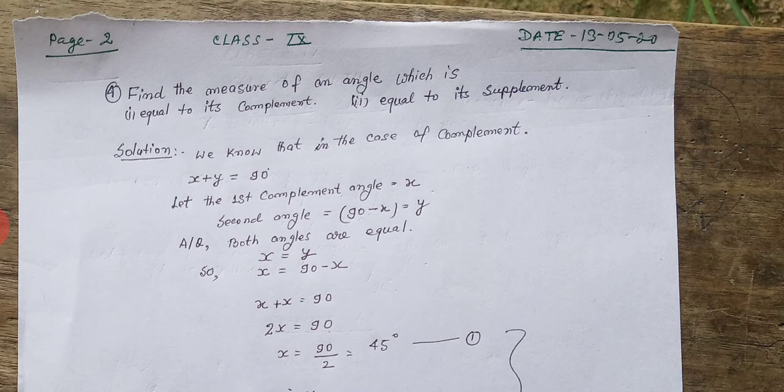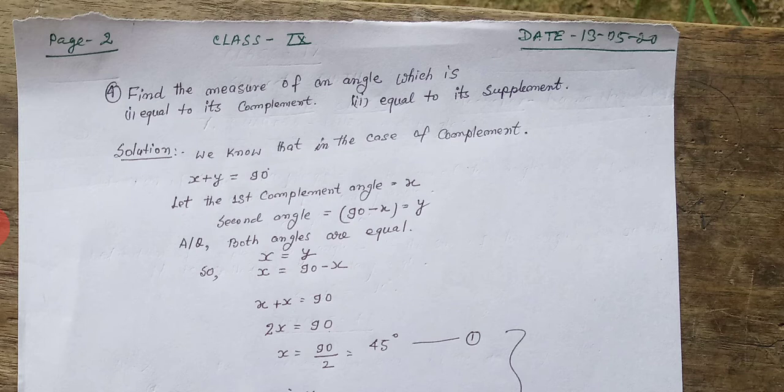Let the first complement angle be x degree, then the second angle will be 90 degree minus x, supposing y. Now according to the question, both angles are equal. So we can write x is equal to y, x is equal to 90 degree minus x, where 90 degree minus x is equal to y degree.